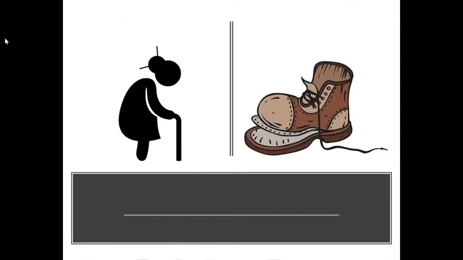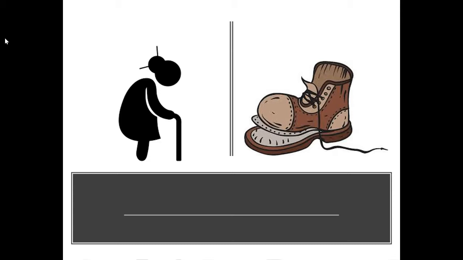Number two, what do you notice or see? I notice or I see. Well, in the first picture, I see an old woman with a cane. Looks like maybe a grandmother or a great grandmother.